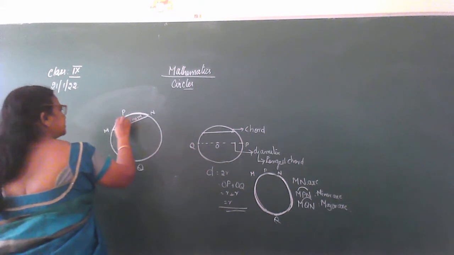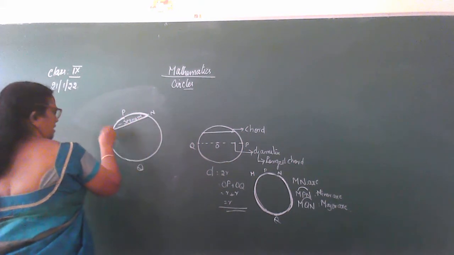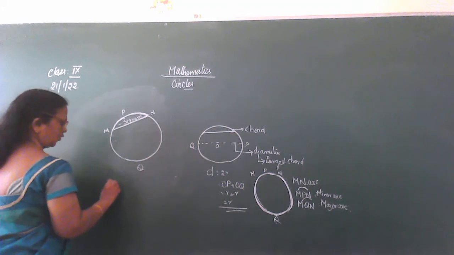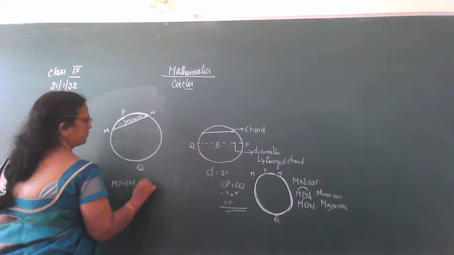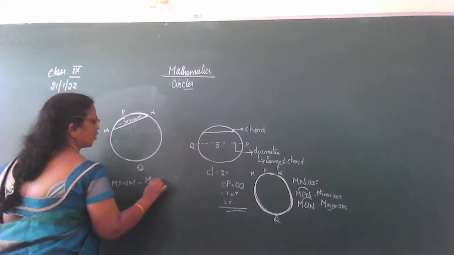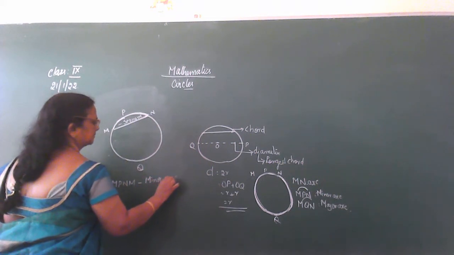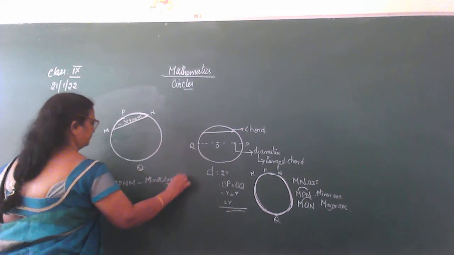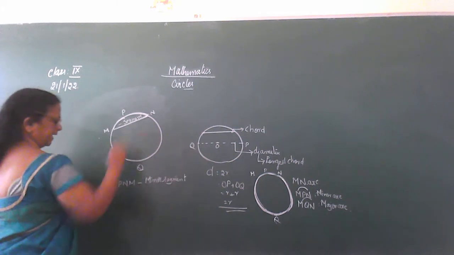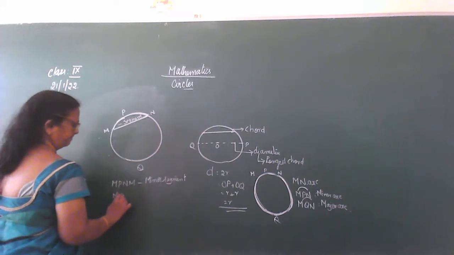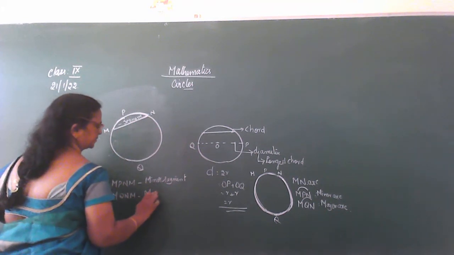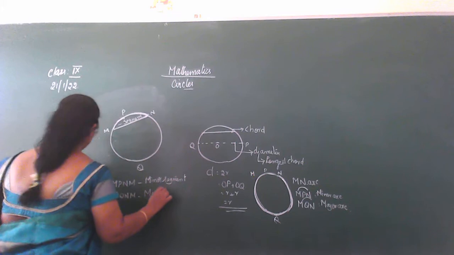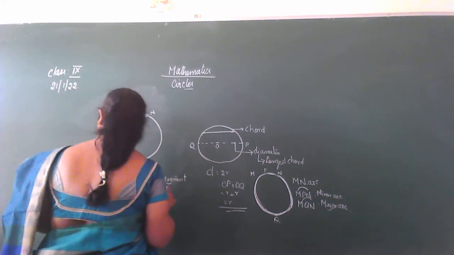See, the smallest portion is called the minor segment. So I will have MPNM, that is the minor segment, which has the minor arc. Then MQNM is the major segment.